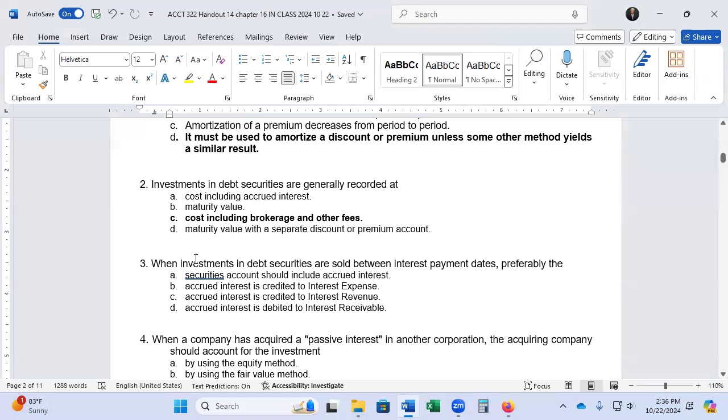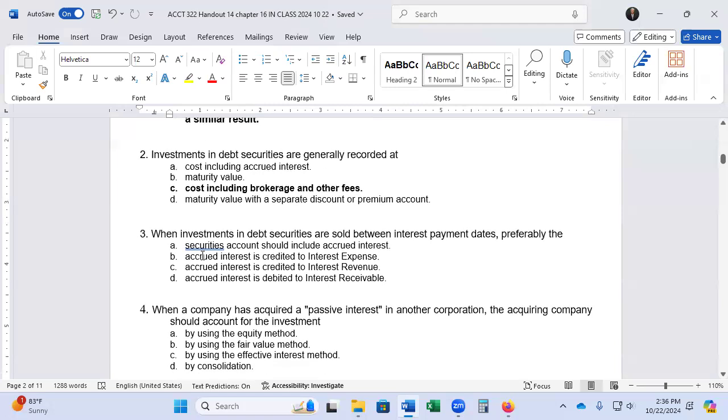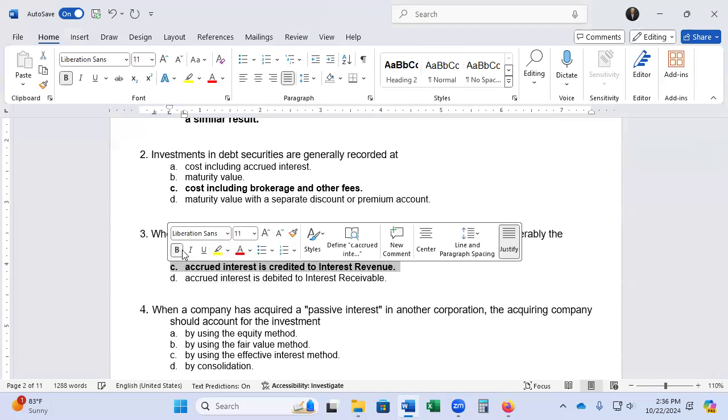It depends on what their plans are for them. When investment in debt securities are sold between interest payment dates, that means you have some revenue that you are going to be recording based on the interest revenue. So accrued interest is credited to interest revenue.